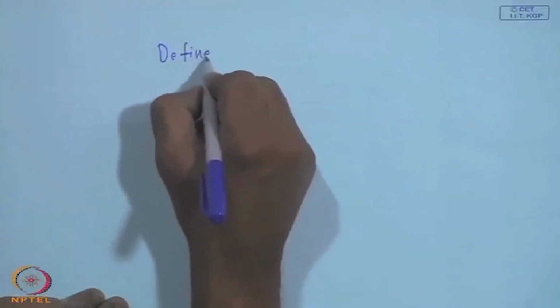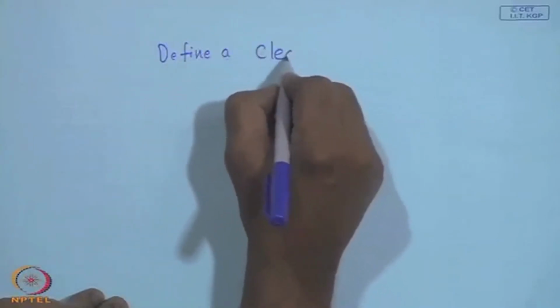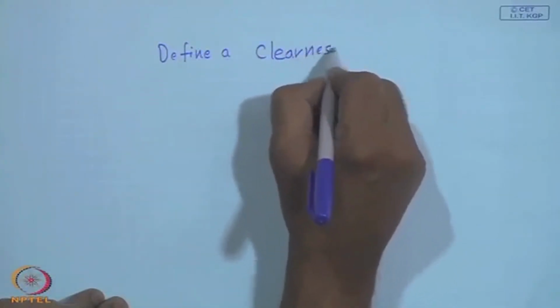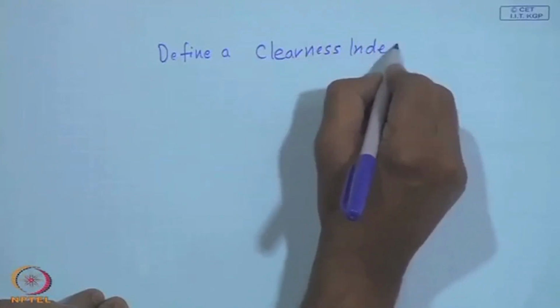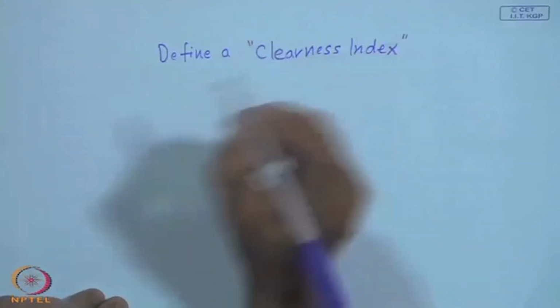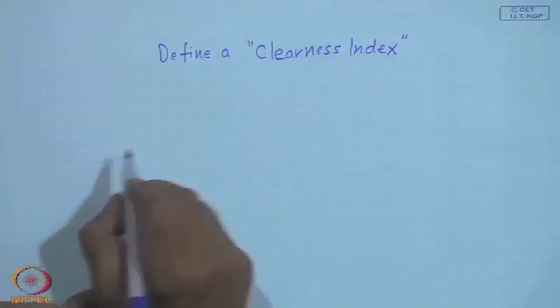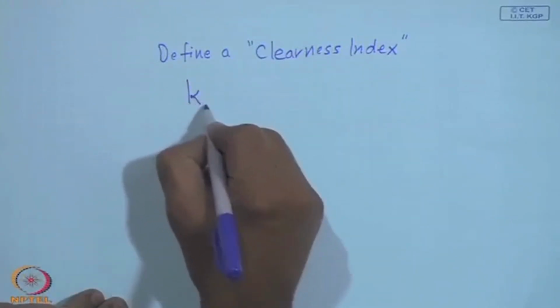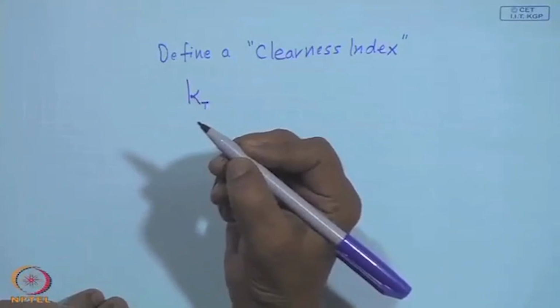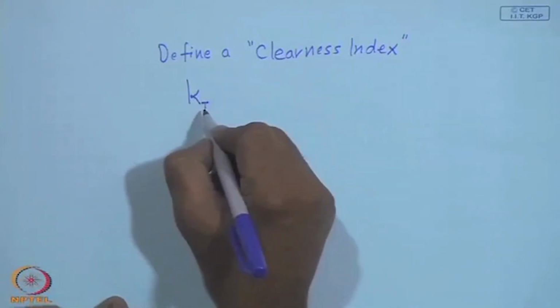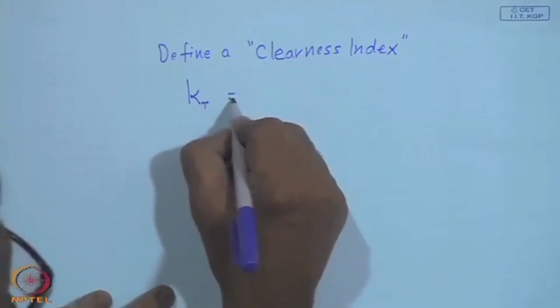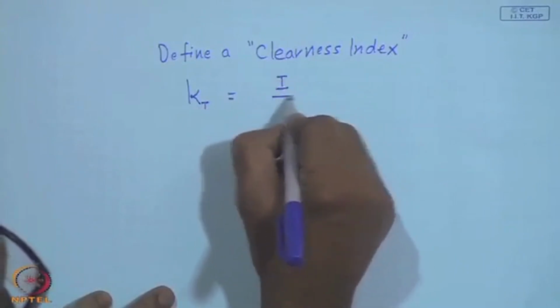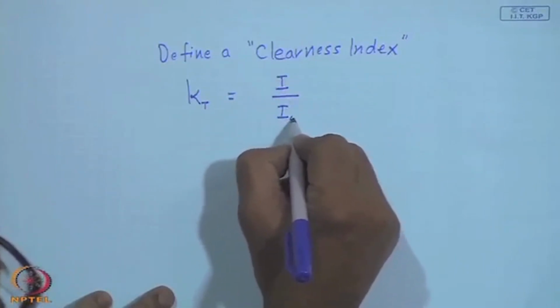Now, what they have done is define what is called a clearness index, again we have to follow the notation, small k_T, which is actually I by I_0.